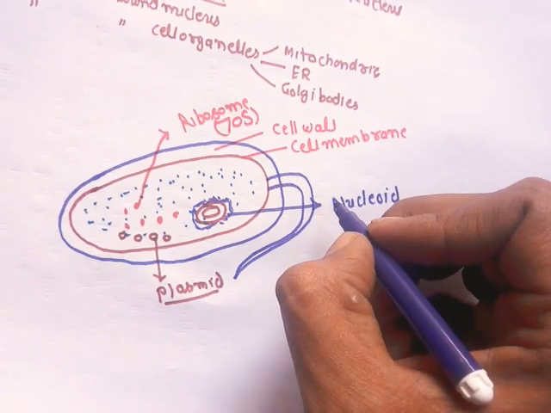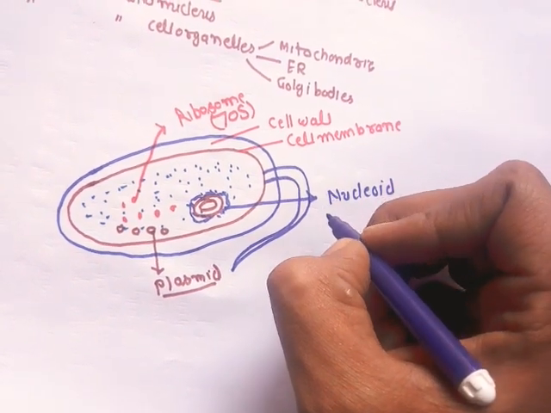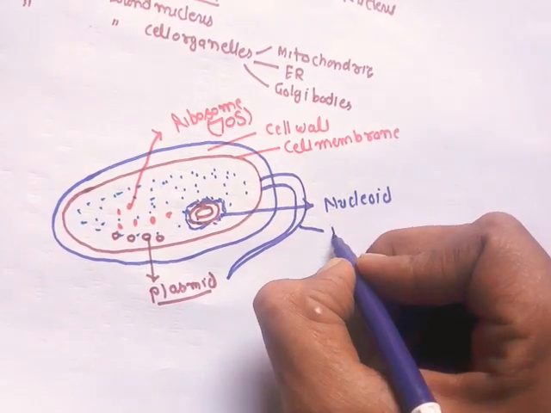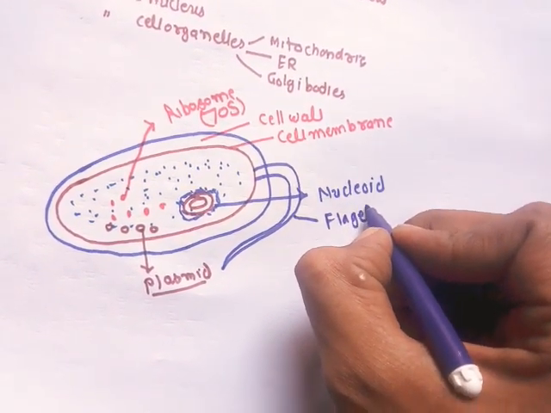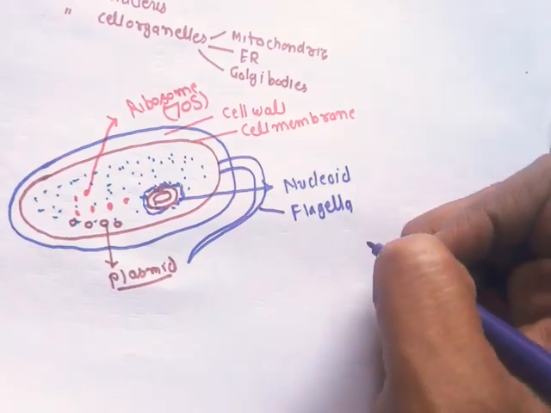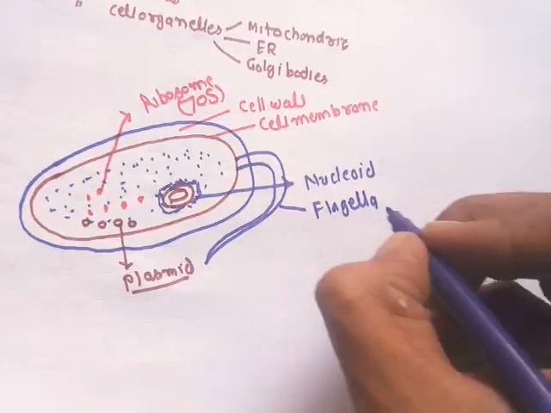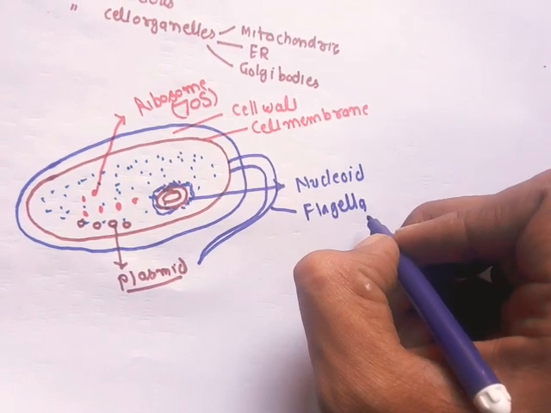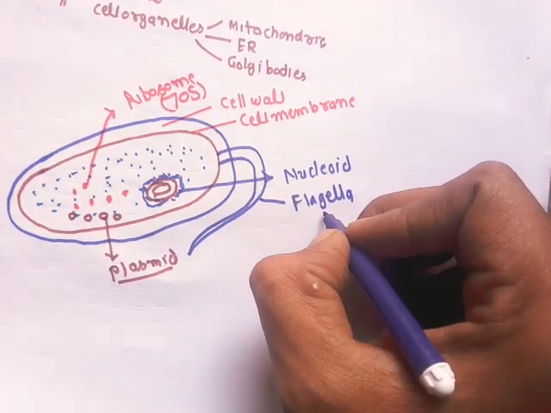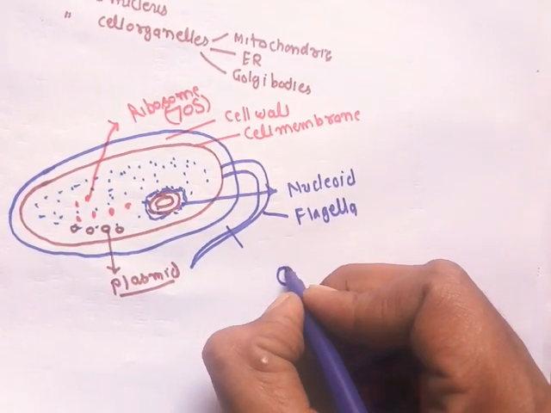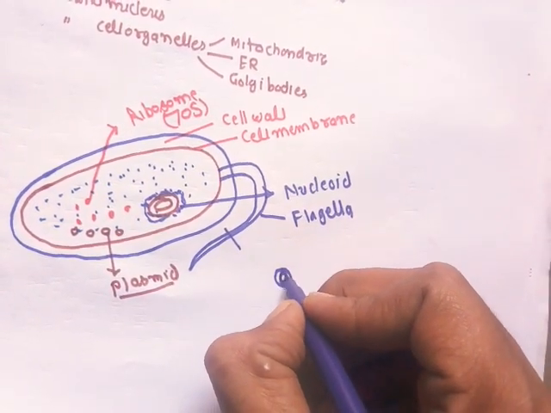Some bacterial cells are motile, that means they can move, and for locomotion the bacterial cells have a cell organelle called flagella. The flagella show whip-like movement, and with the help of this movement the bacterial cell can move from one place to another. But there is a difference between the flagella of prokaryotic and eukaryotic cells. If I cut a section of a bacterial flagellum, it is made up of a single strand.